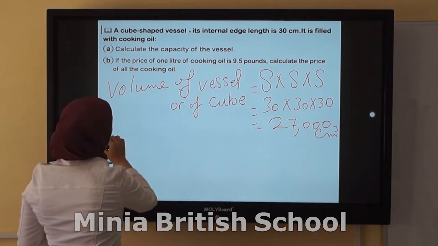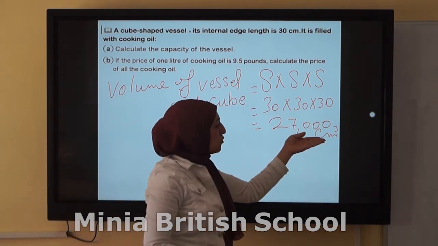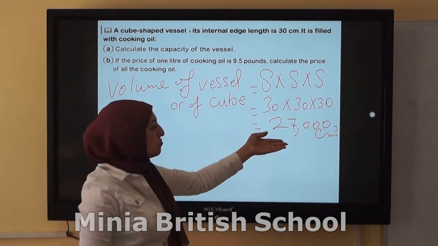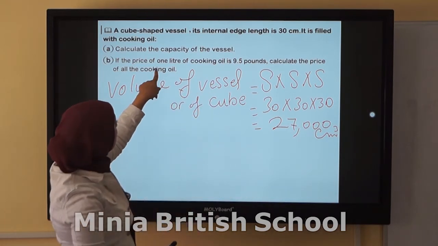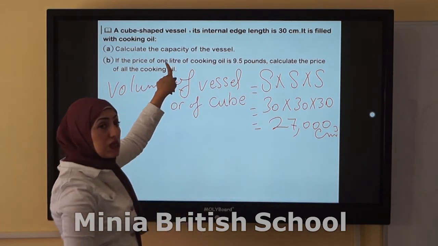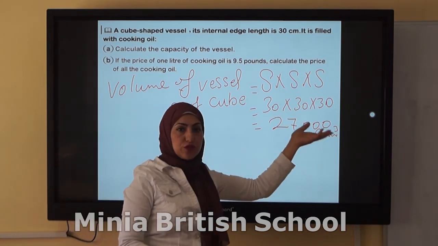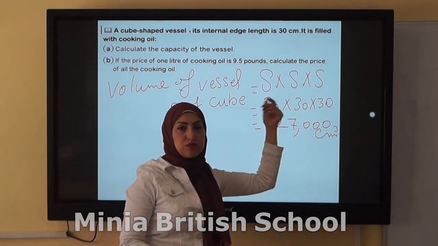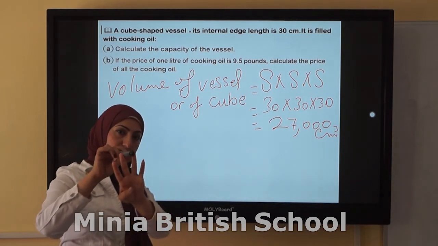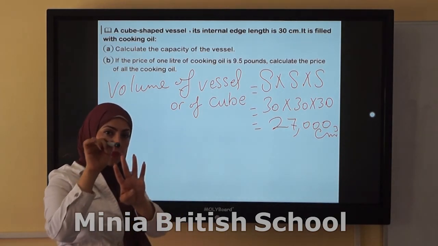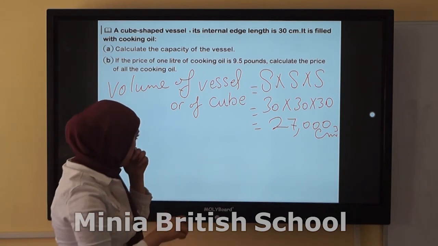Now, here I want to convert from cubic centimeter to liters. Why? Because here you give me the price of 1 liter. So I need to convert from cubic centimeter to liters, or cubic decimeter, so I have to divide by 1,000.